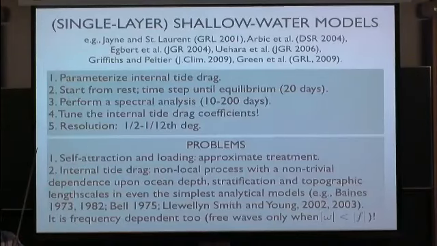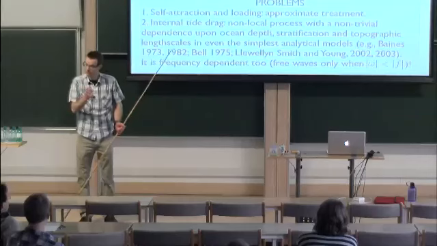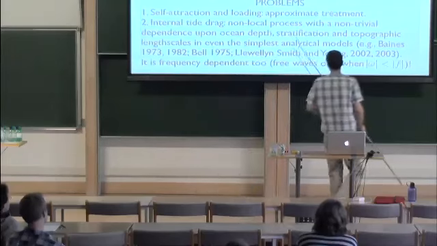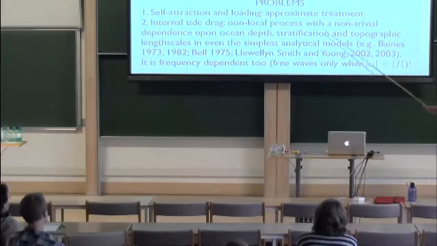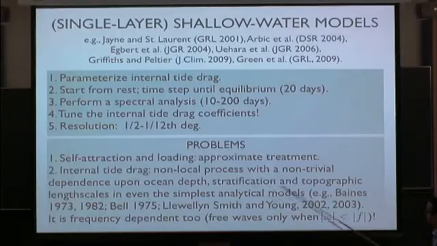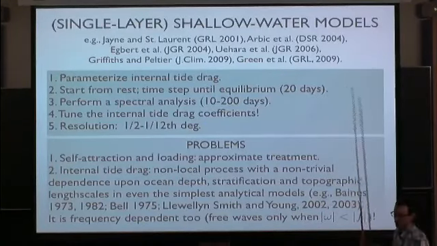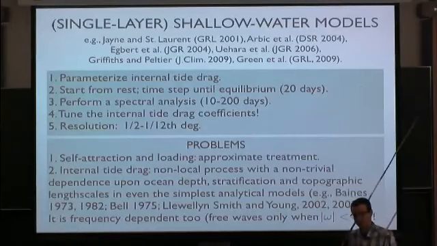You can't just parameterize it locally because the extent of the wave generation depends on the width of the slope, the height of the slope, which you can't express at a single point. It's also got non-trivial dependence upon all these parameters, and it also depends on frequency. And of course, it's hard to parameterize something that depends on frequency in a time-stepping model, where you have no knowledge about frequency.